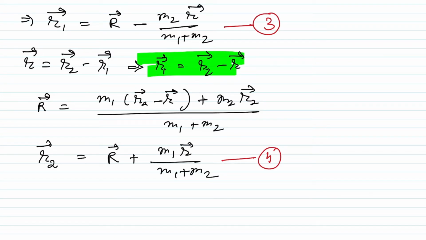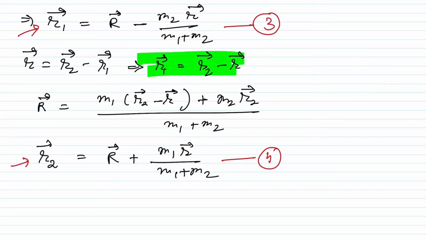So now from these two equations, 3 and 4, we are going to differentiate with respect to t on both sides. So then what will happen? From equation number 3 we can find r1 dot. Here dot represents d by dt of r, that is nothing but r dot. So hope you have understood this.